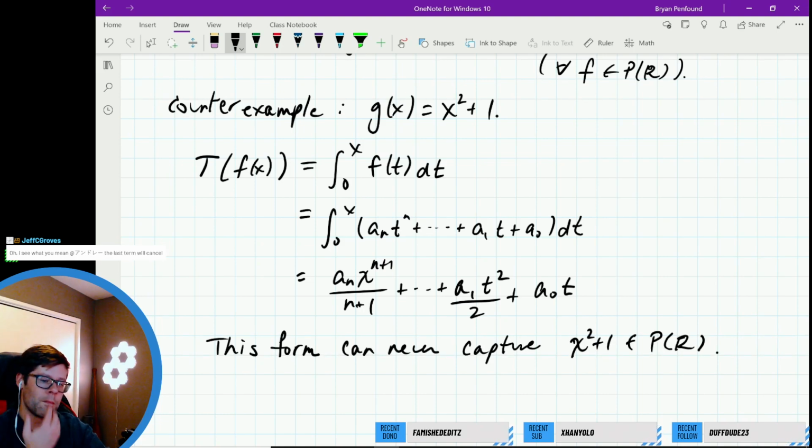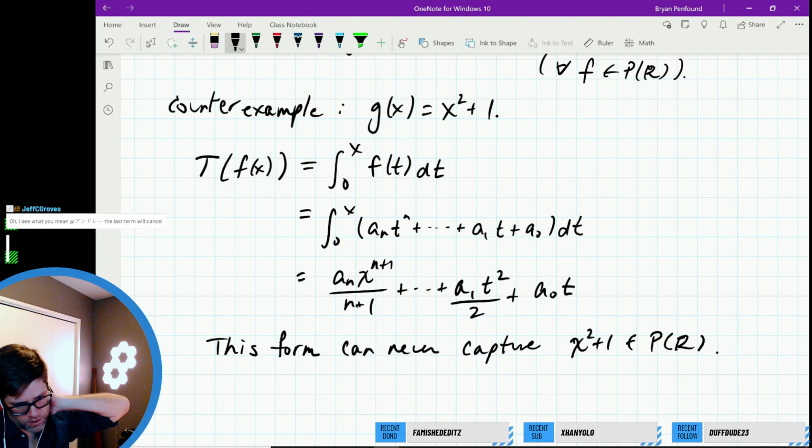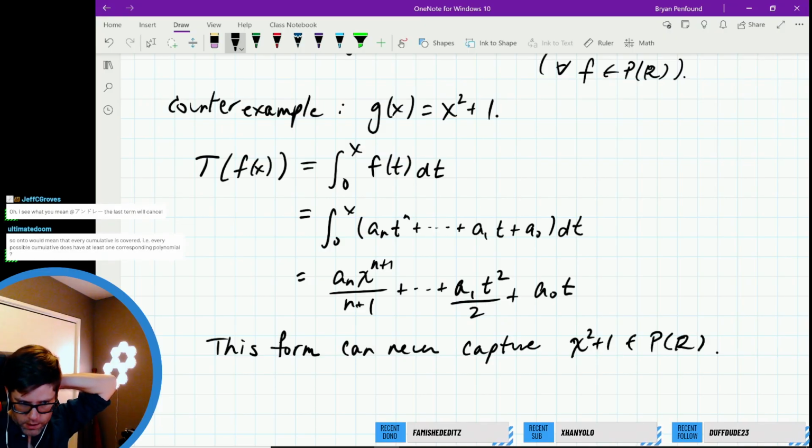There you go. Yeah, that makes sense, right? So we can never find coefficients a_n through a_0 to recapture x squared plus 1, right? We just can't do that because there is no constant here. Interesting. Okay.